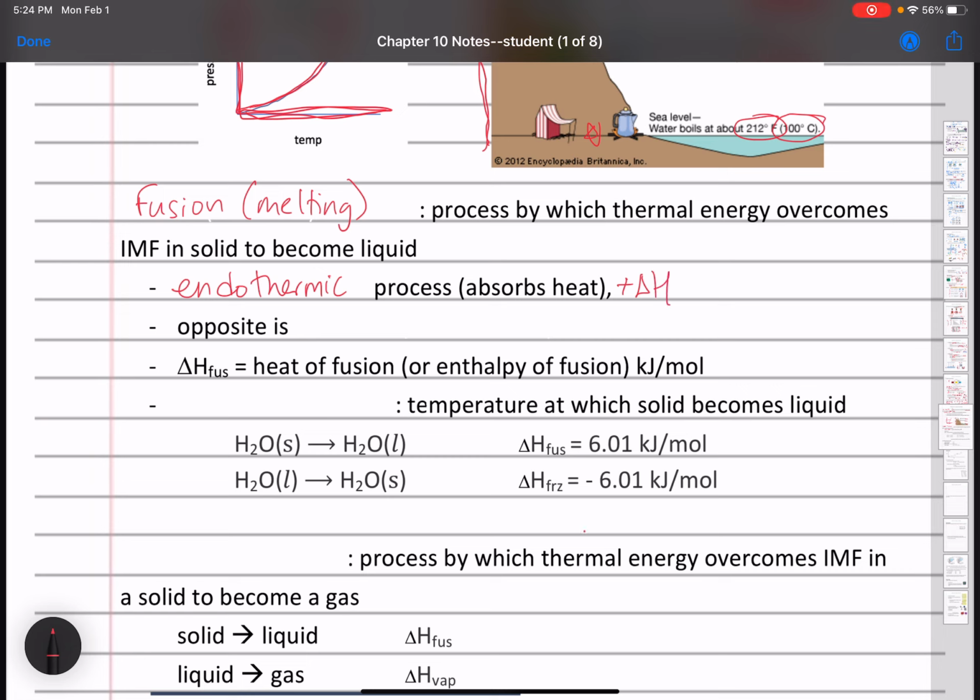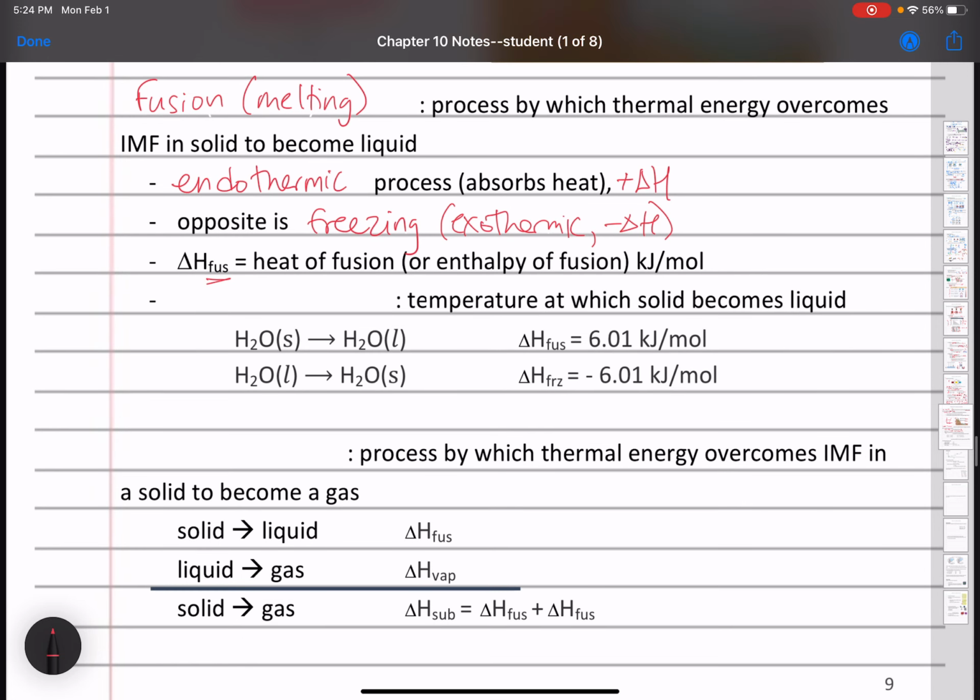The opposite of melting is freezing, going from liquid to solid, and that's going to be exothermic. It gives off heat, releases heat, has a negative delta H. We call the enthalpy of melting the heat of fusion. Remember, fusion and melting, same thing.